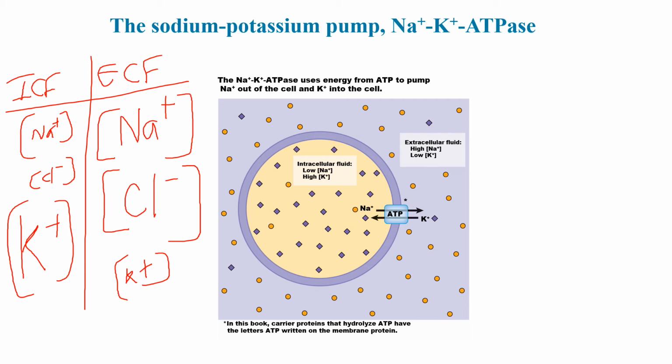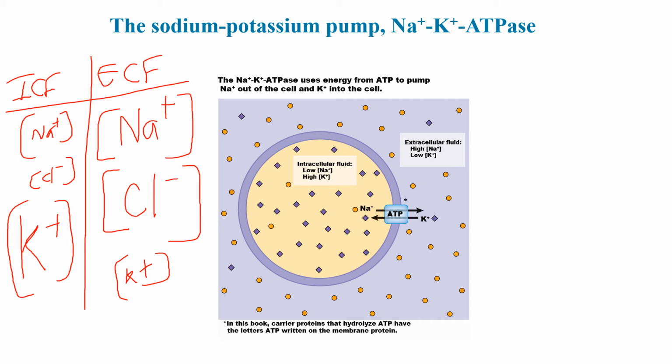Our intracellular fluid has a higher concentration of potassium ions compared to outside the cell, or in the extracellular fluid. So an active transport is going to allow ions to move against their concentration gradient, basically from a low concentrated side to the high concentrated side.